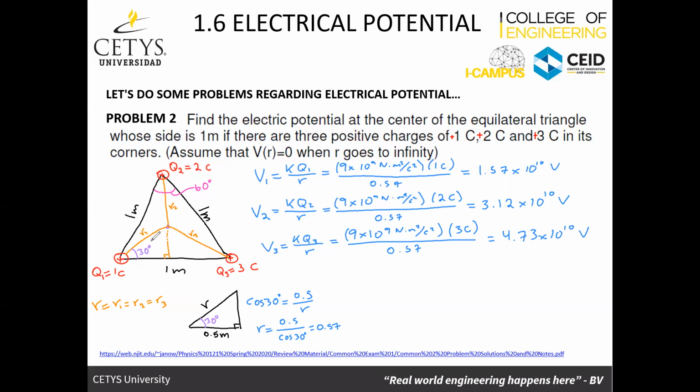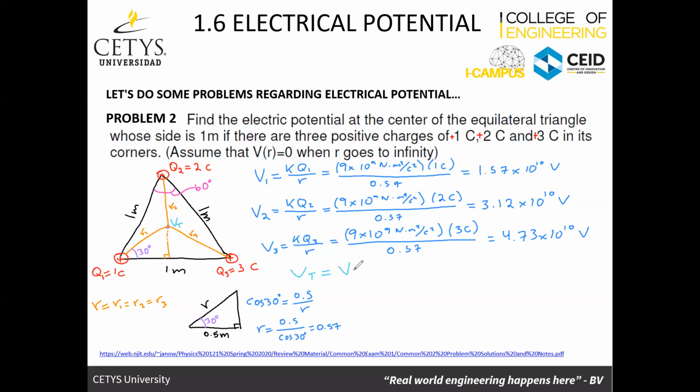And so once we have these 3 values, the total potential here in the center, I'm going to call it VT, the total potential, is going to be simply the algebraic addition of the other potentials.